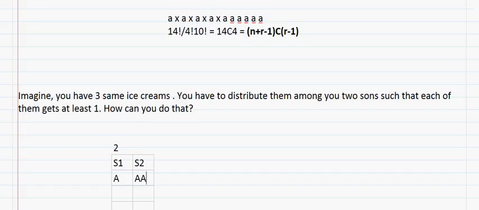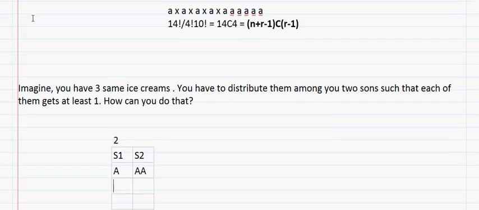So it could be A or AA and A. So there are only 2 ways out. What I was suggesting is you first give 1 to this, 1 to this. The remaining left is just 1, so it can go to either S1 or S2, right?